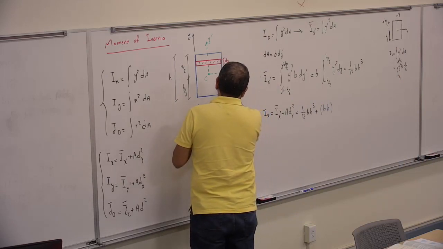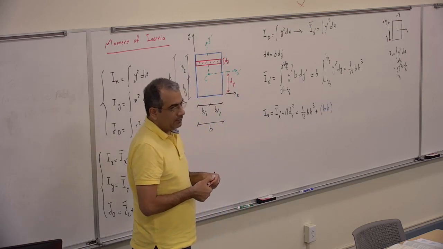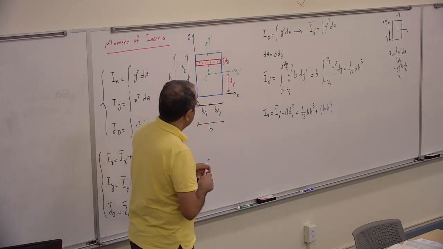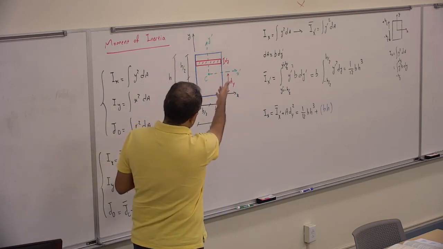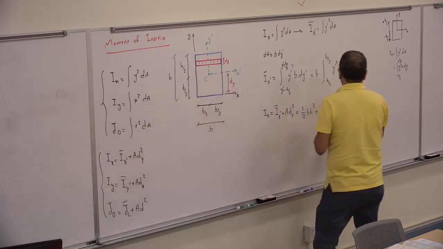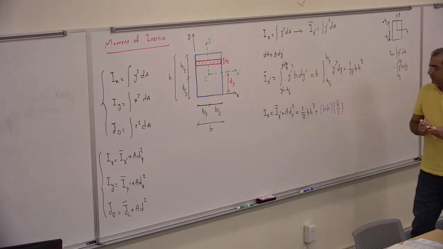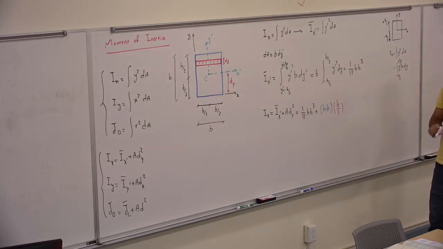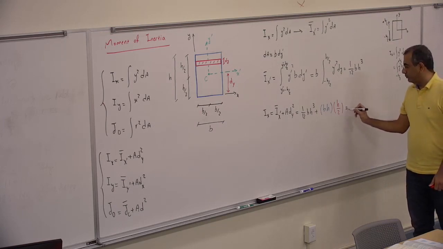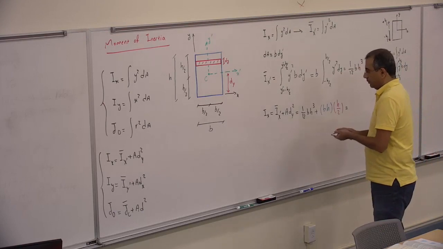So this is going to be d_y, the distance between two axes. The d_y is half of the height, and it's to the power of 2.